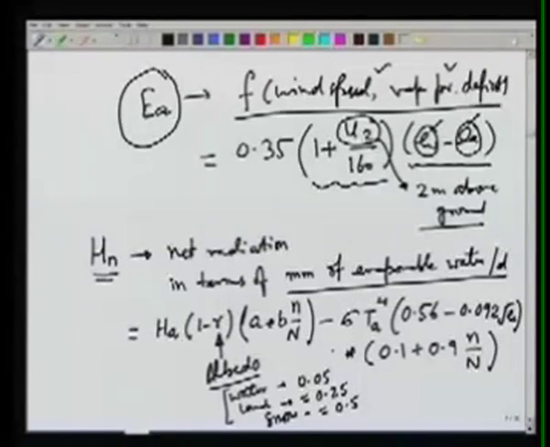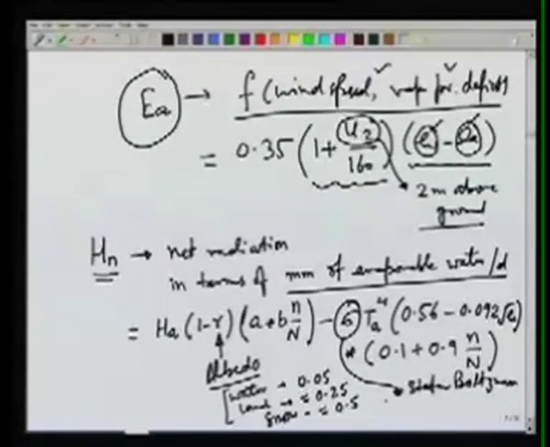This sigma term represents the Stefan Boltzmann constant, and its value is given as around 2 times 10 to the power minus 9.